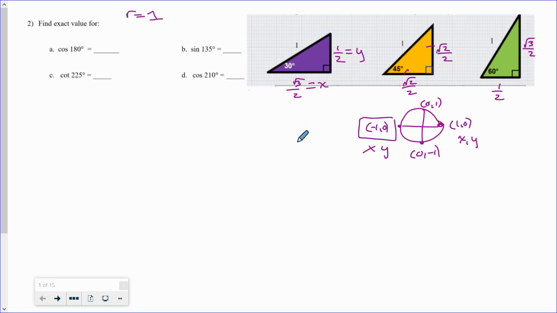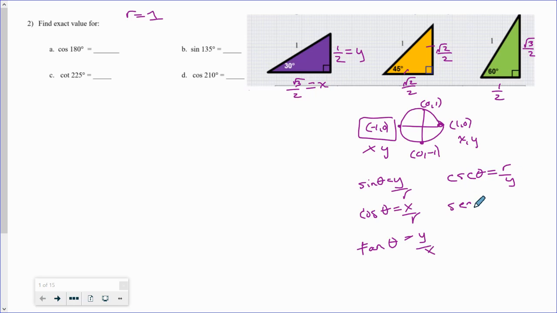You also need to know that sine of theta is y over r, cosine of theta is x over r, and tangent of theta is y over x. Sine goes with cosecant, which is r over y. Cosine goes with secant, which is r over x. And tangent goes with cotangent, which is x over y.